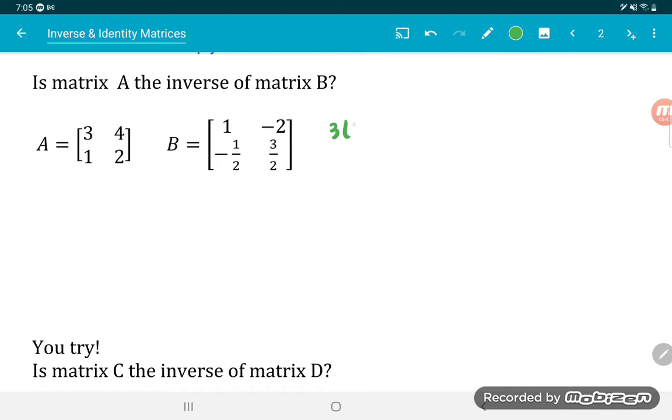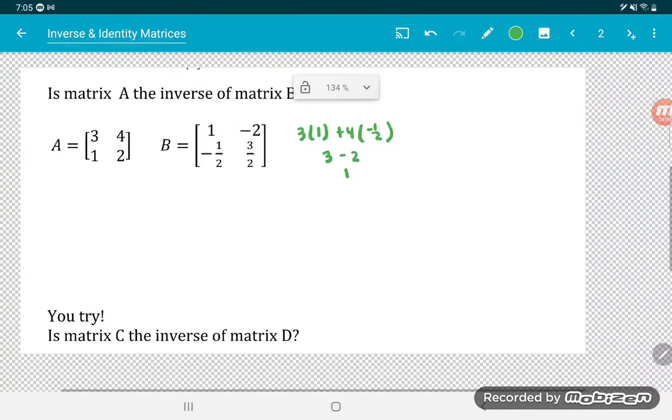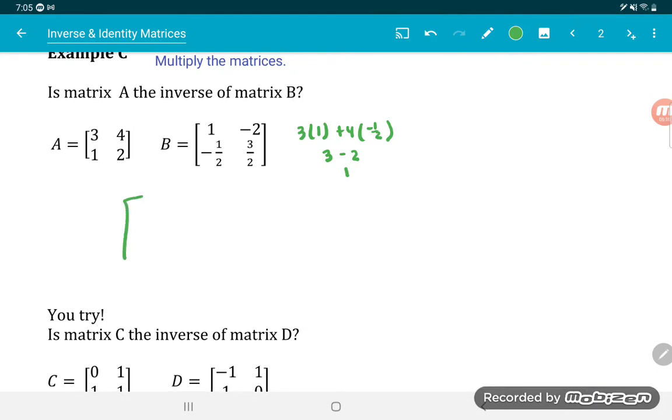So 3 times 1 plus 4 times a negative half, minus 2 is going to equal 1. So in the first position of our matrix, once they're multiplied, we have a 1.